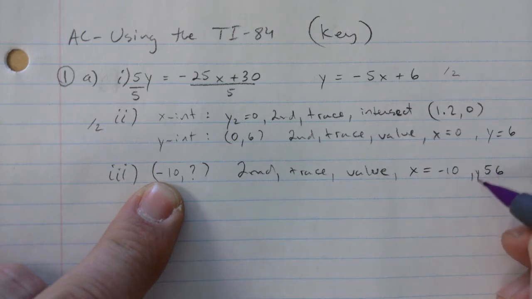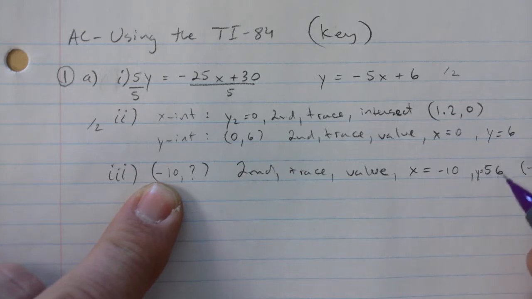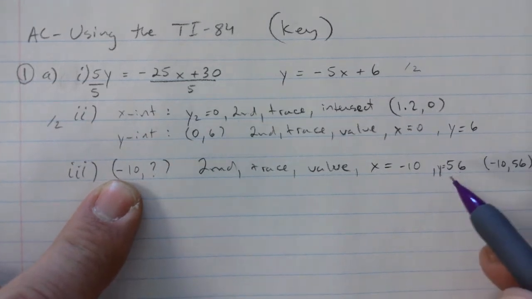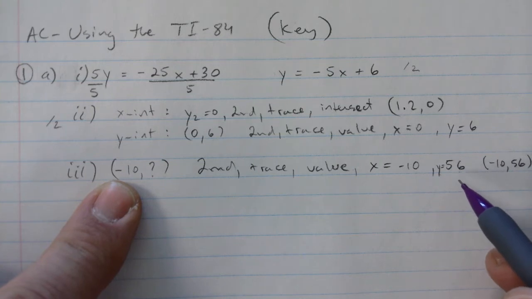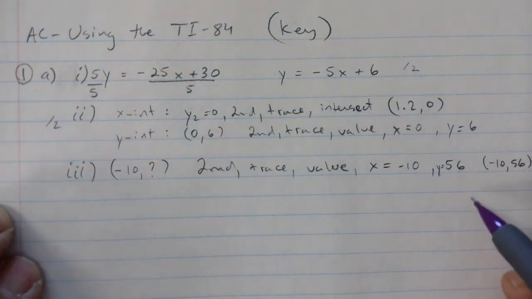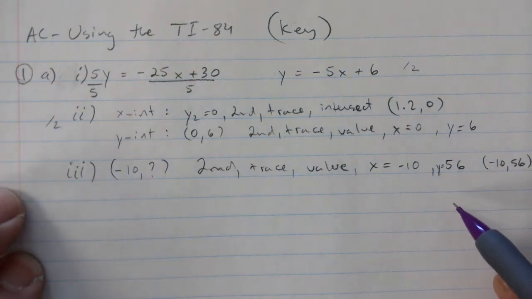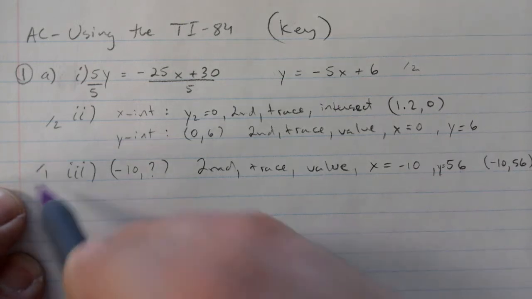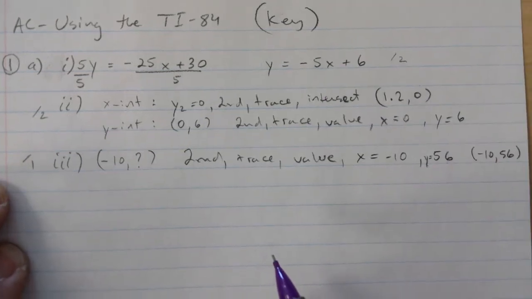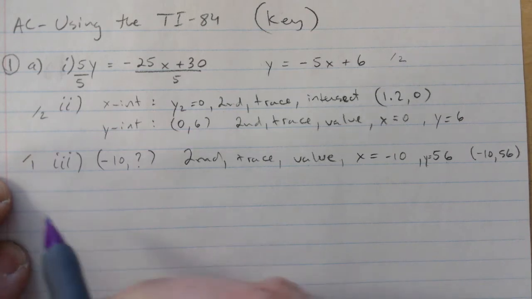Y is 56, sorry. So the point is -10, 56. If you have y is equal to 56 showing up there, that is good. That's all I need, okay? So you get 1 mark for that. That's 1 mark for triple I.